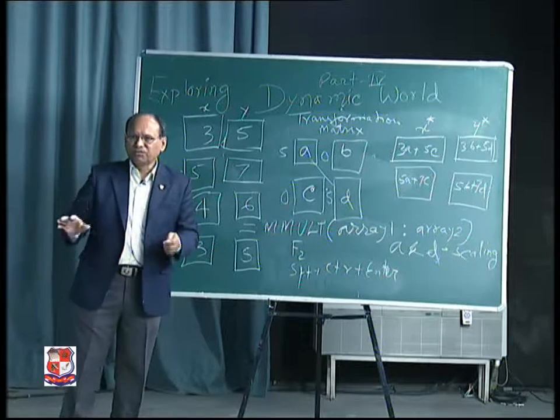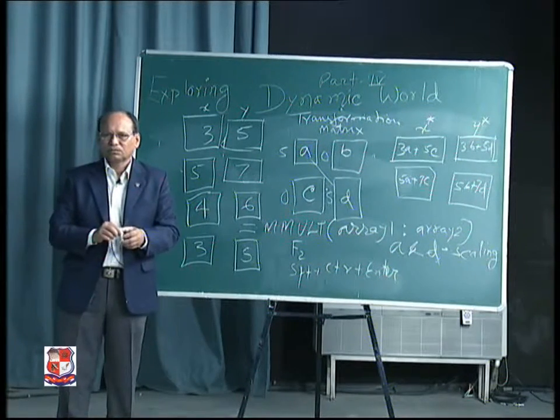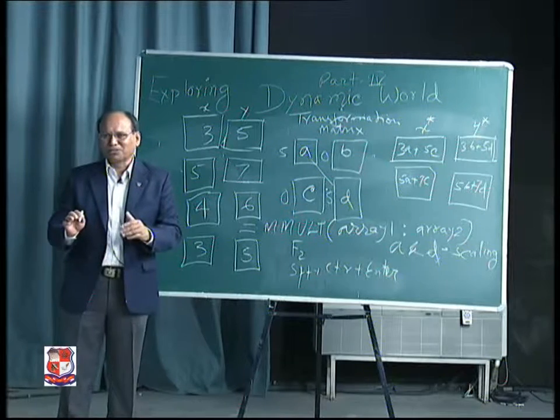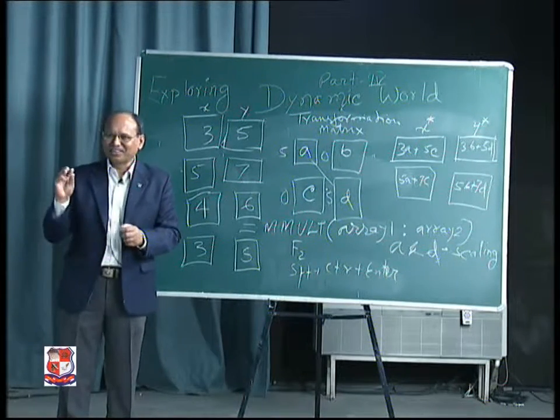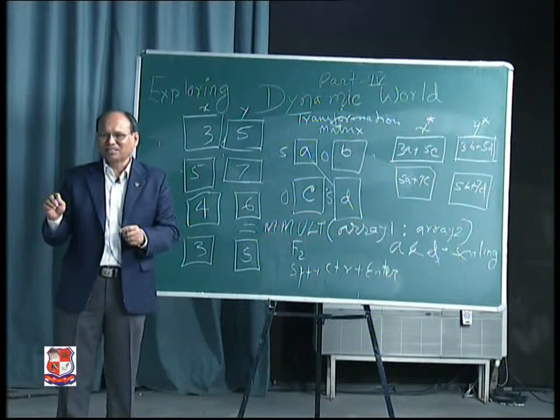So, in future there will be no confusion about scaling. Anything you can scale, and scaling only requires a 2 by 2 matrix, and diagonal elements are responsible for scaling.